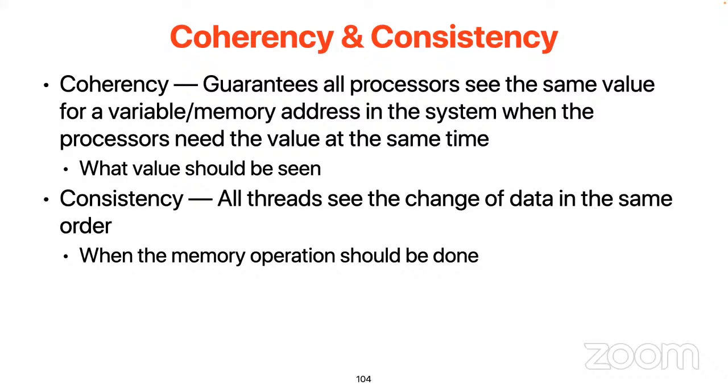The coherence protocol guarantees all processors see the same value at the same time. And the consistency protocol requires all threads to see the changes in the same order, which further helps us guarantee the correctness of your program.